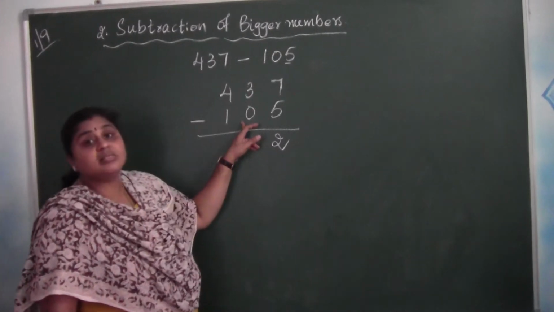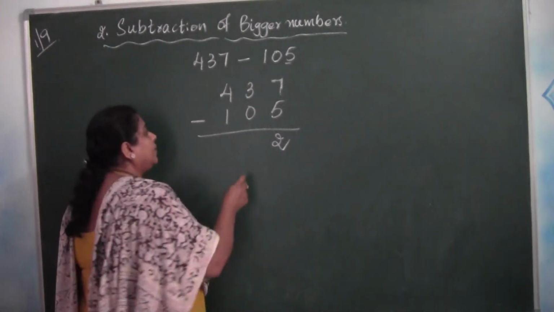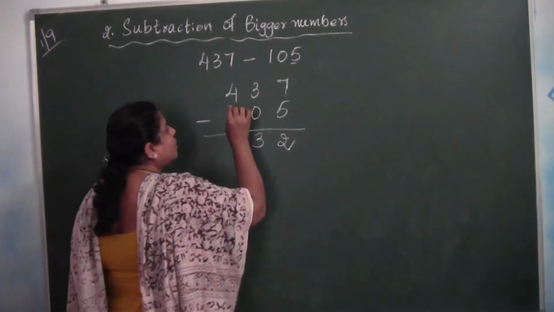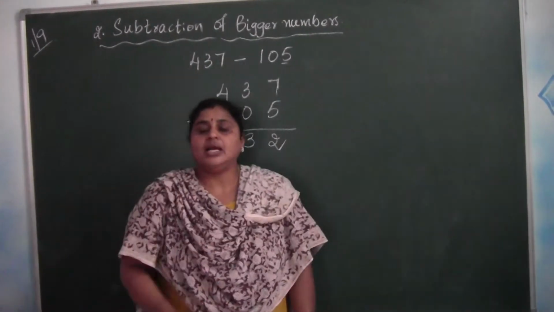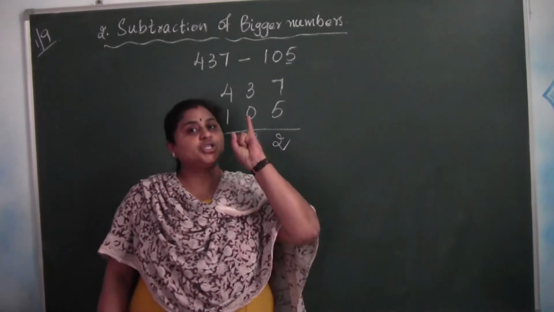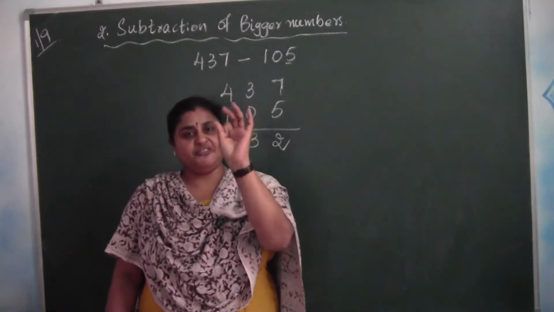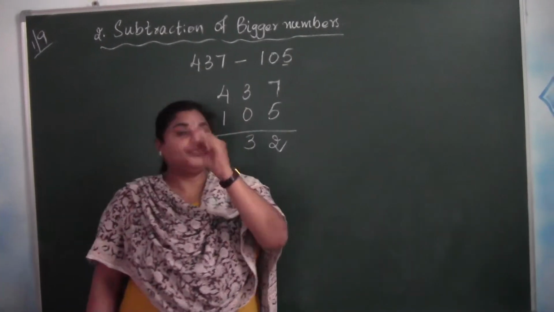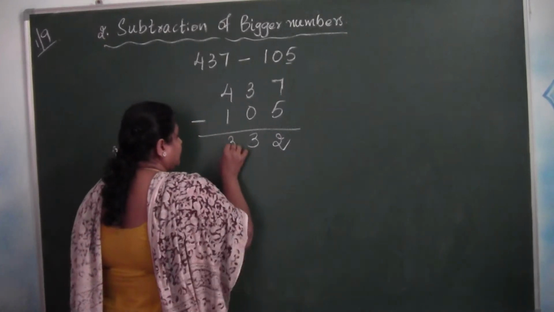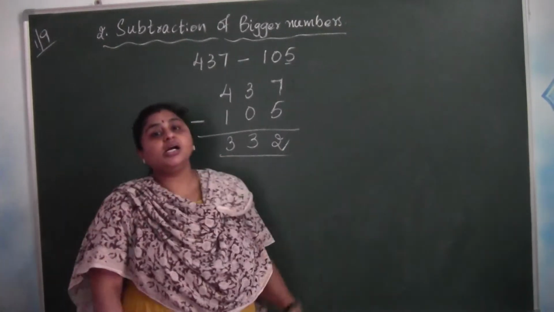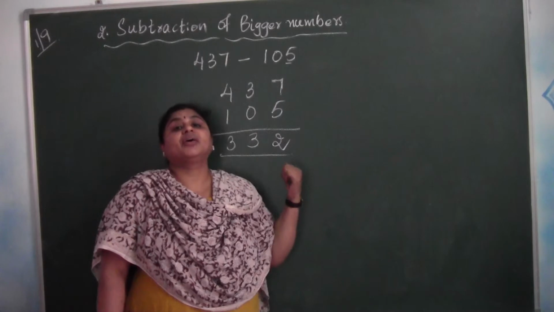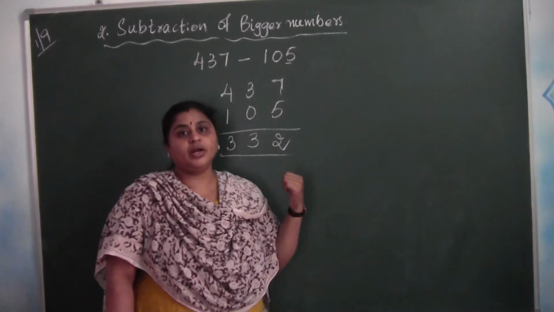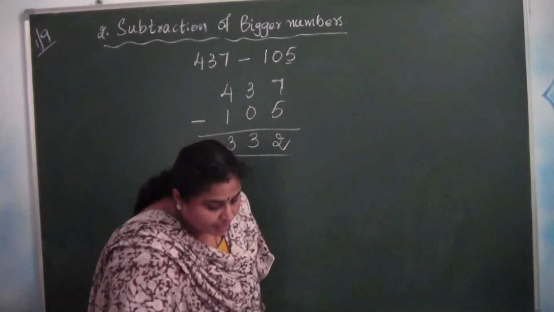Now 3 minus 0 is 3. Very good. Now from 4, I have to take away 1. Start counting after 1: 2, 3, 4. How many fingers, children? 3. So what is my answer? 332. Got it? Now let us do the other problem.